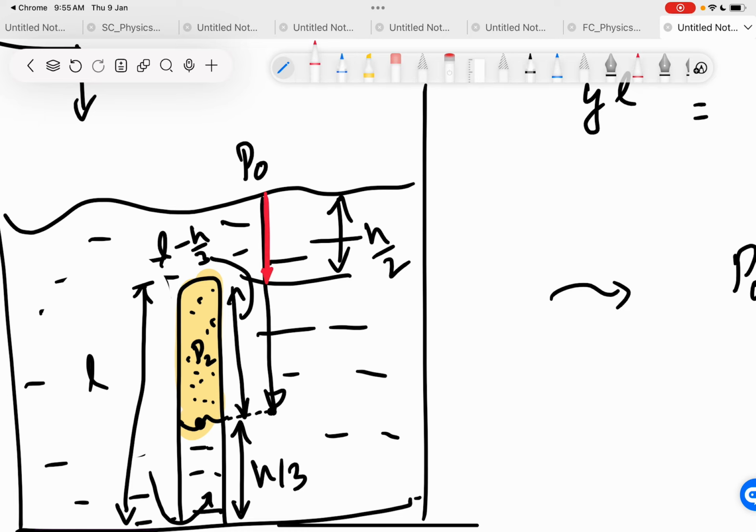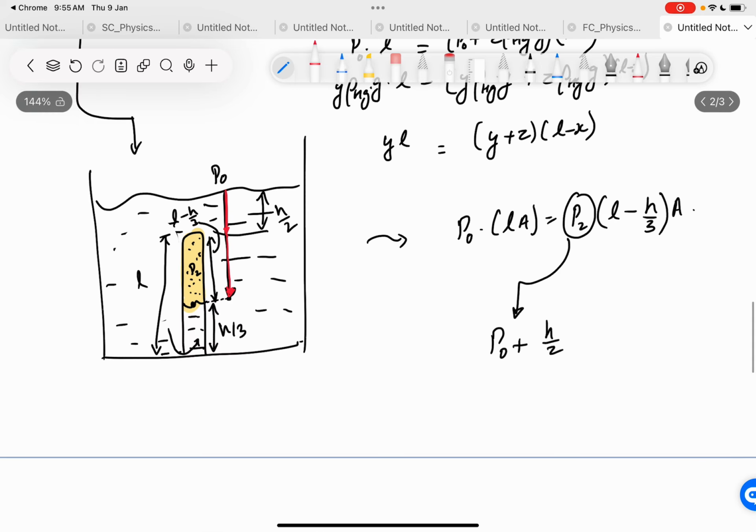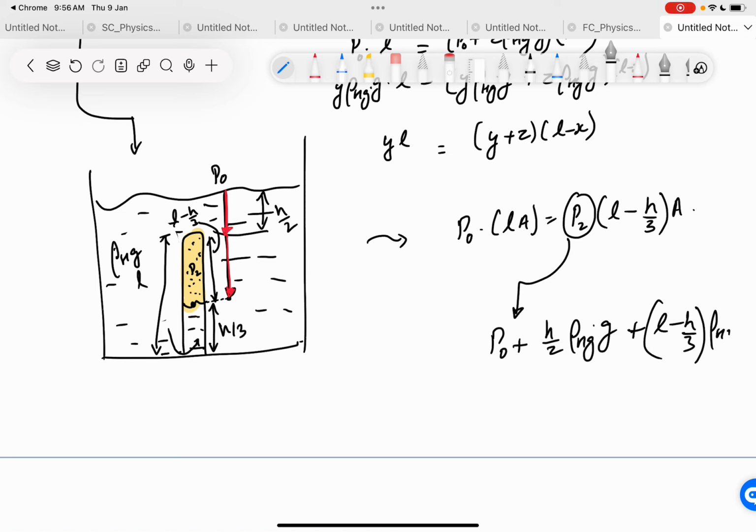For this much of height, plus this particular H rho G value. So you can write P naught plus H by 2 density of the mercury into G value. As long as it is mercury, if it is water, then you use the water's density, right? And plus L minus H by 3 into density of the mercury into G value.